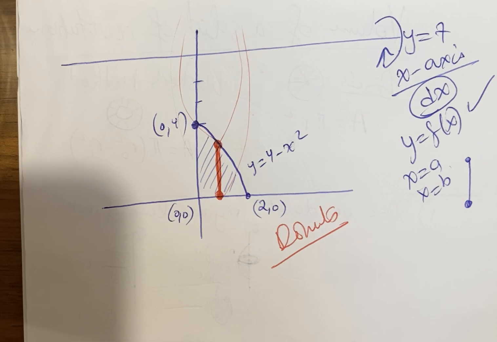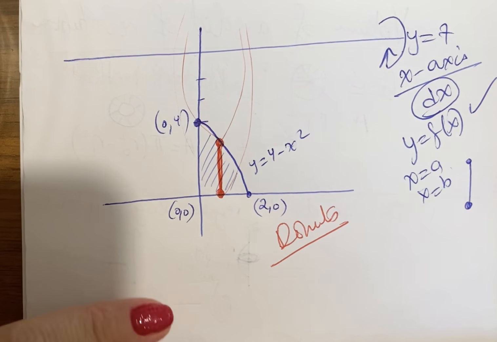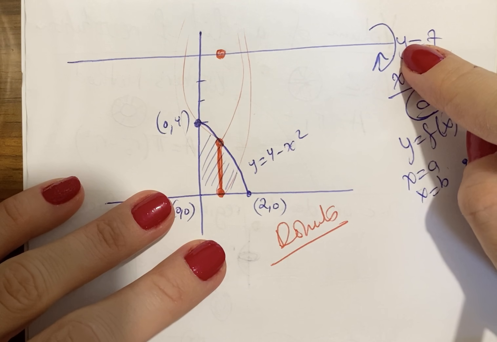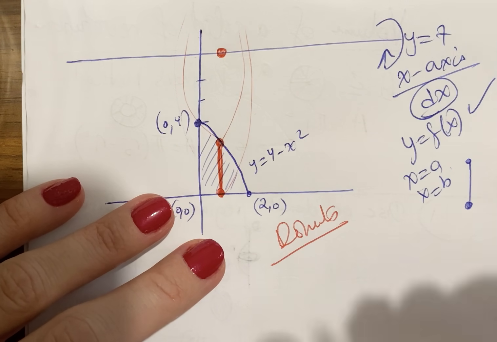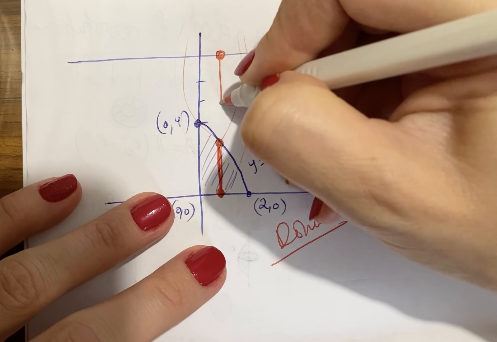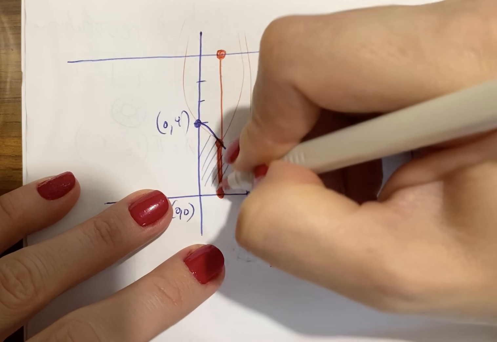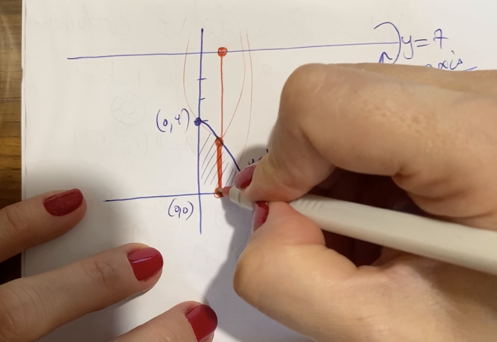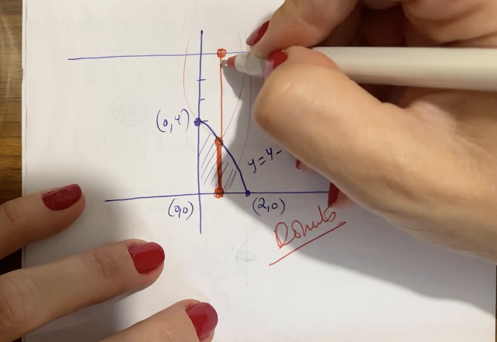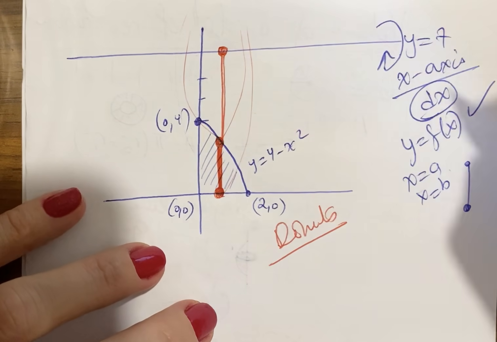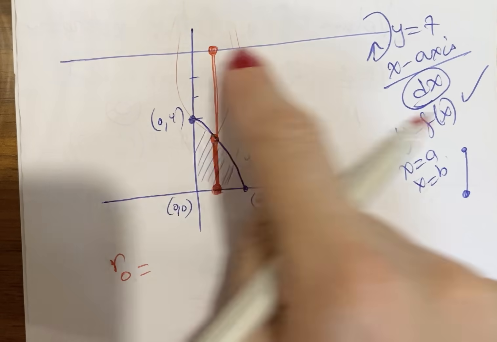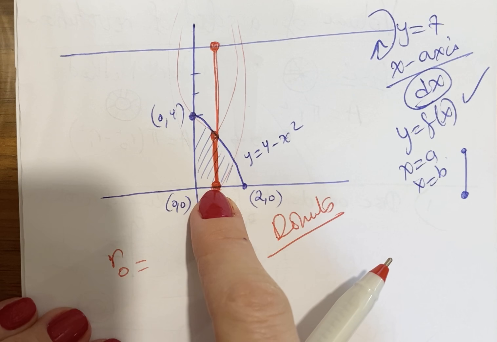How do I find the radius of the donut? It's very simple. Where do we start our measurement? We start from the line of revolution, always. We always start our radius from the line of revolution to the outside. The segment in the region has 2 points: 1 point is away, 1 point is close. The outer radius is from the center on the line of revolution to the point away.